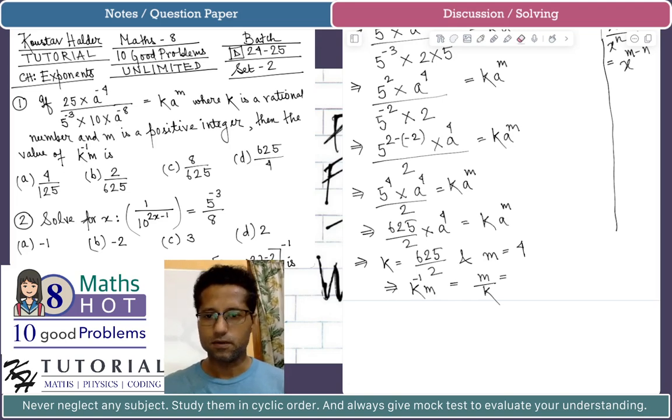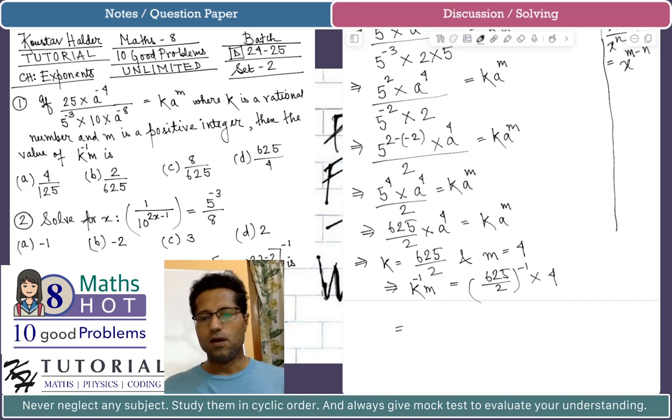Now if we substitute the value of k, we have 625 by 2 raised to the power minus 1 multiplied by m, which is 4. Now 625 by 2, its reciprocal is 2 by 625, and we have multiplied by 4.